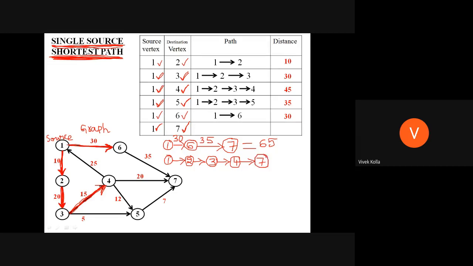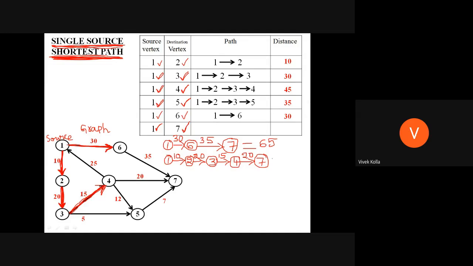So if I am moving from 1 to 2, what is the cost or distance? It is 10. So 2 to 3, the cost is 20. From 3 to 4, it is 15. And from 4 to 7, it is 20.